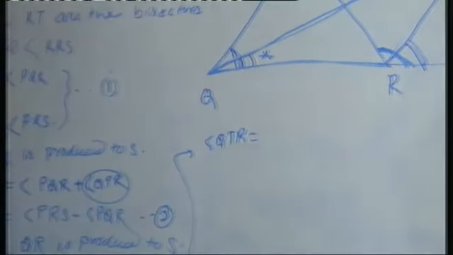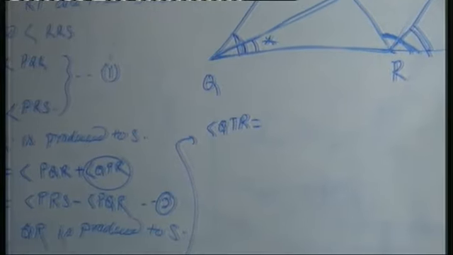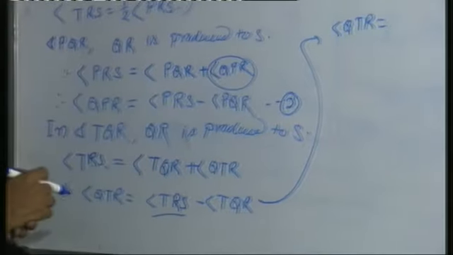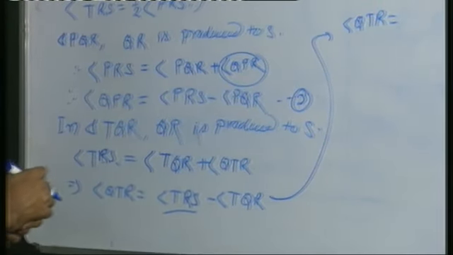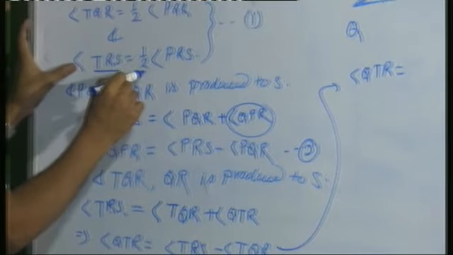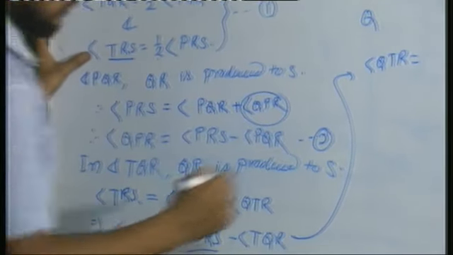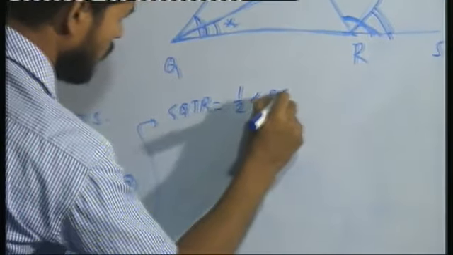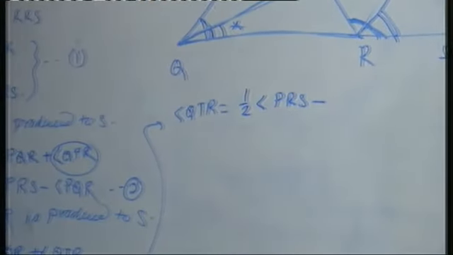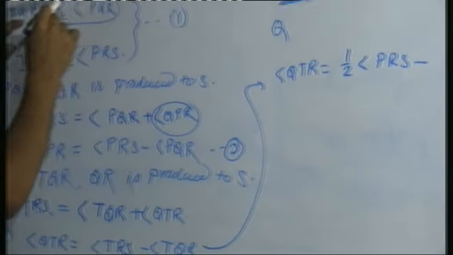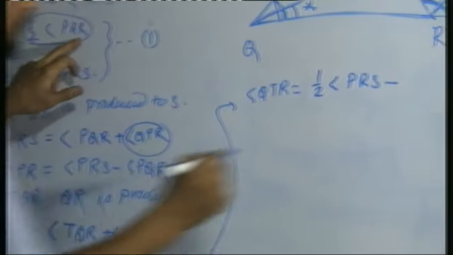Now what is the value of angle TRS? We have from equation number 1 that angle TRS is equal to half of angle PRS. So in place of TRS we can write half of angle PRS, minus, in place of TQR we can write half of angle PQR.